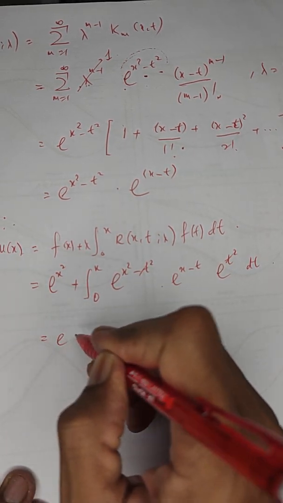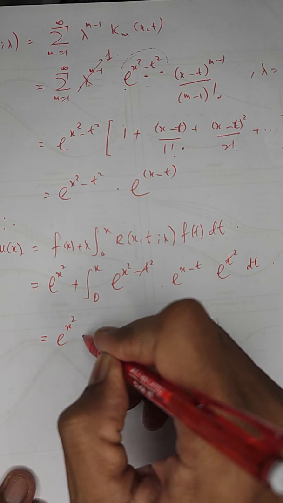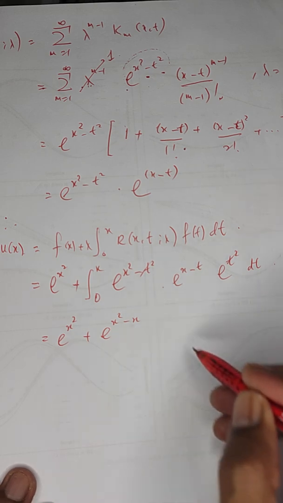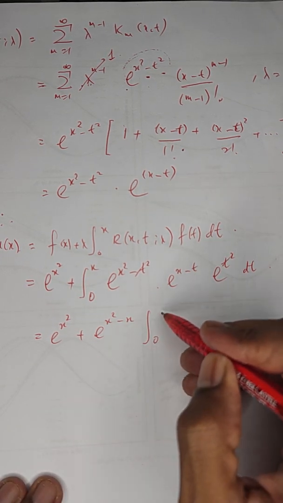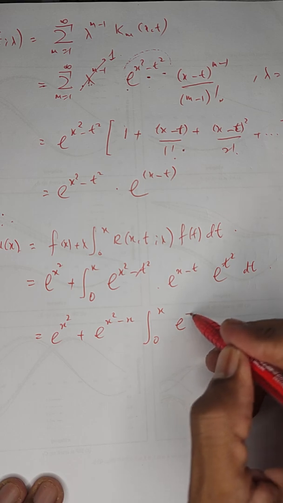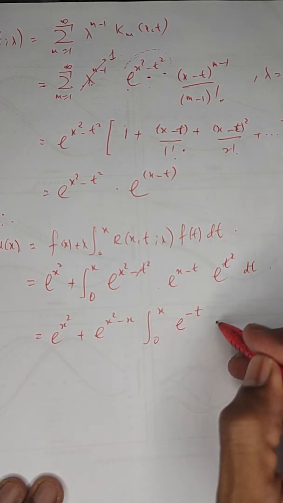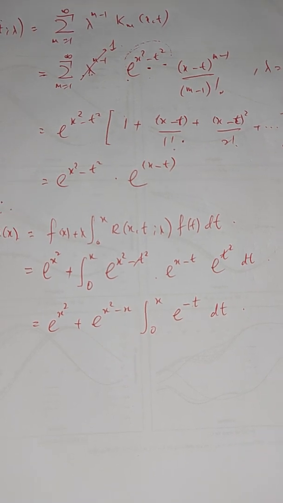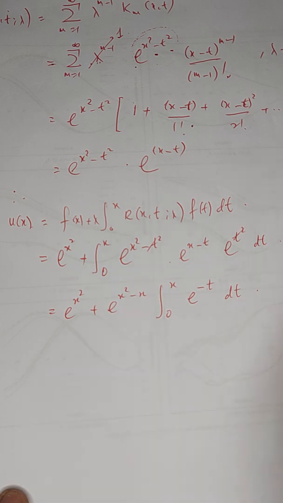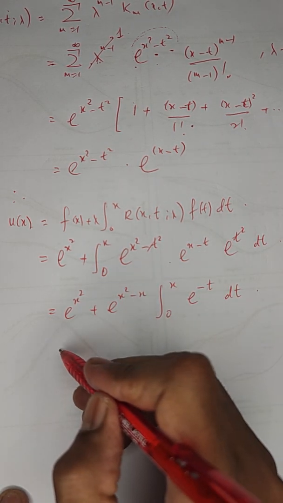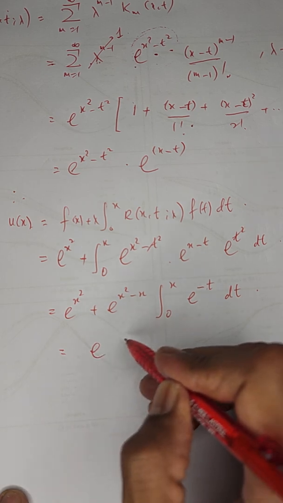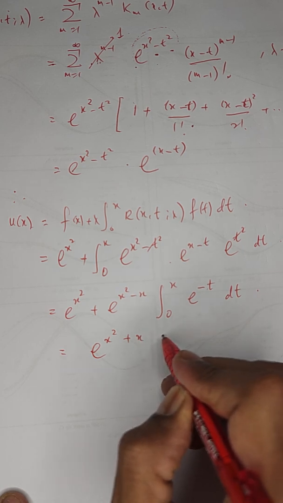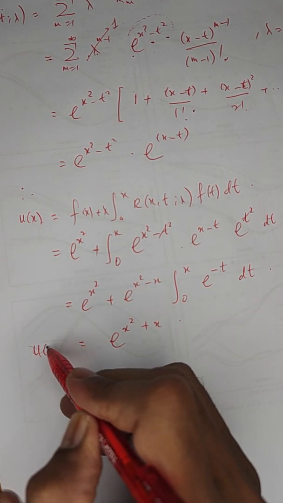So this is e^(x^2) plus e^(x^2 - x) times the integral from 0 to x of e^(-t) dt. Then if you solve this, this is actually e^(x^2) plus x. So this is the solution. So this is your u(x).